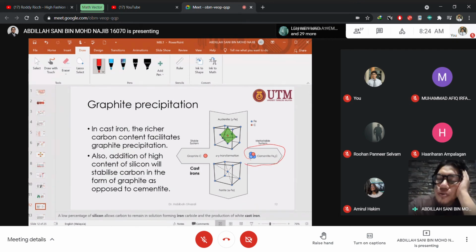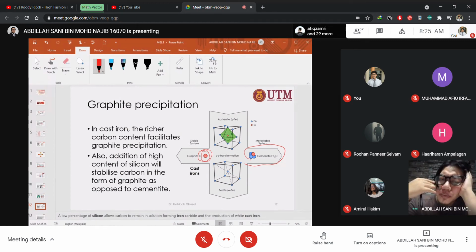But actually, for the carbon that dissolves in iron, if the amount is large enough, and if there is opportunity for diffusion in terms of time and temperature, or we can say heat or energy for diffusion, if we have these two sufficiently, instead of forming a compound with iron, it prefers to form with its own kind, and they form what we call graphite.